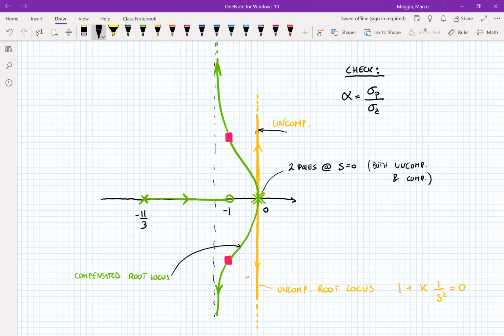So that now it finally passes through the locations of the dominant poles that we wanted. And in particular, since we exactly want the location of the dominant poles, we know that the value of K that we calculated for when the root locus passes through the dominant poles is equal to 25 over 3.